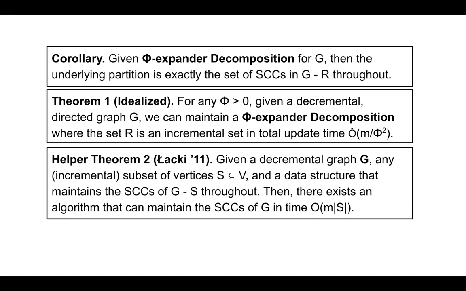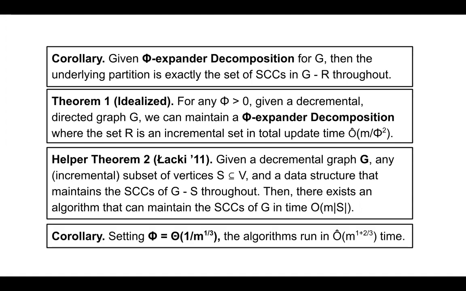And with this in place, all you need to do to get our result is to balance. So we would choose phi to be 1 over m^(1/3). And then you can see that in theorem 1, you will produce a set R that has size m^(2/3).